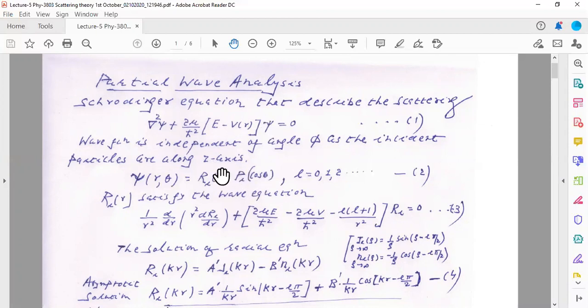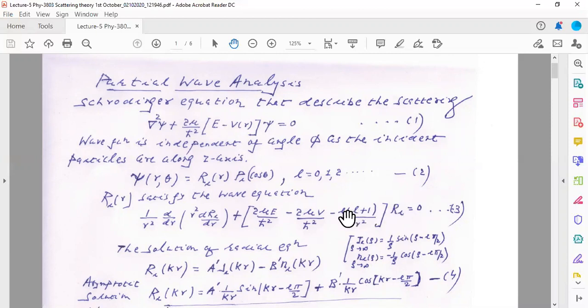The radial part RL of r satisfies the radial wave equation which we have developed in a previous lecture, which you can see: 1 upon r square d by dr of r square d by dr of RL, and you have the square bracket term 2 mu E over h cross square minus 2 mu V over h cross square minus L into L plus 1 over r square, and this is your radial wave RL.